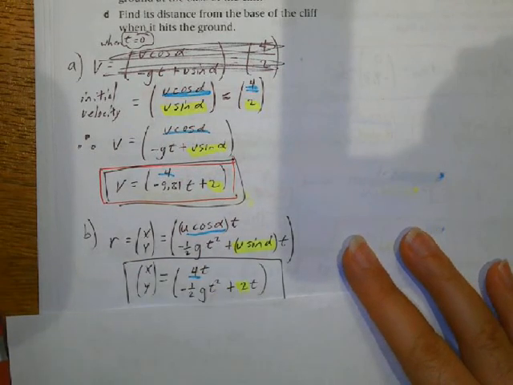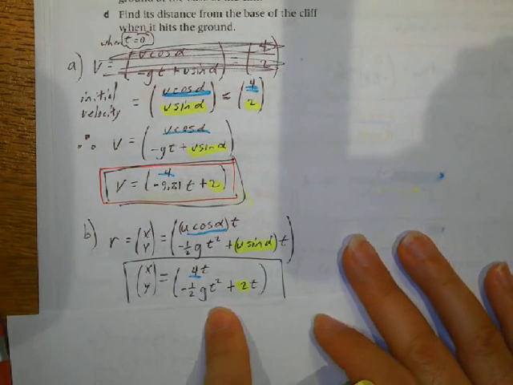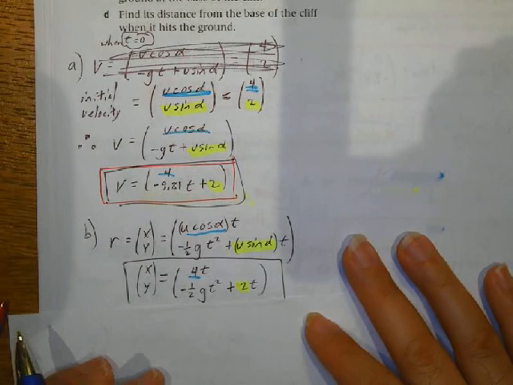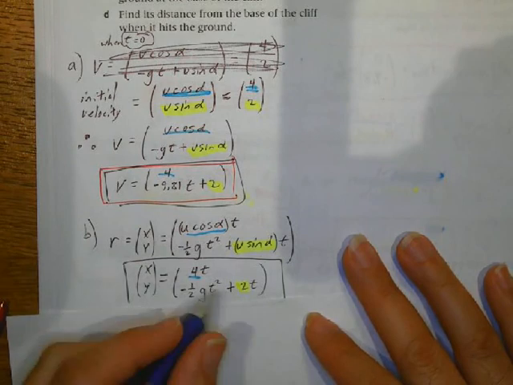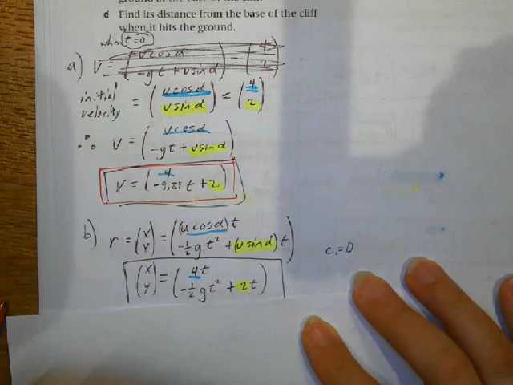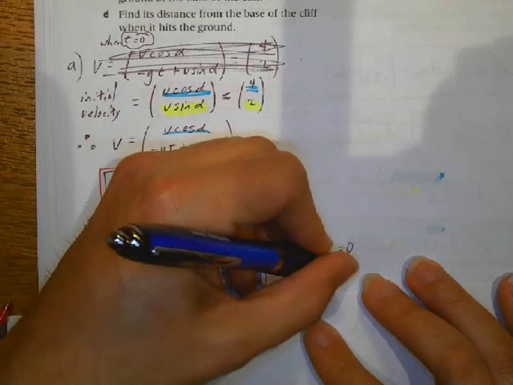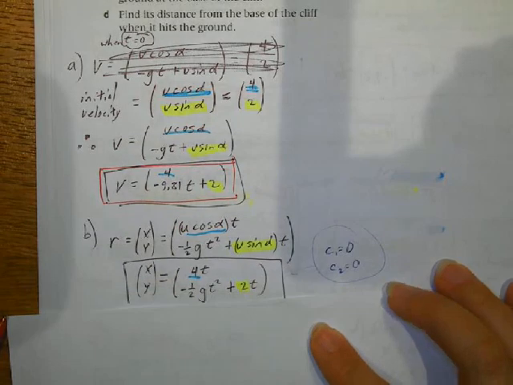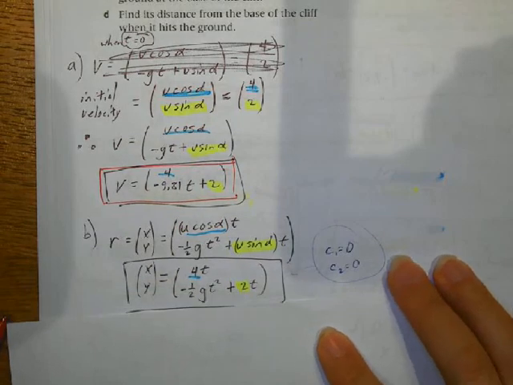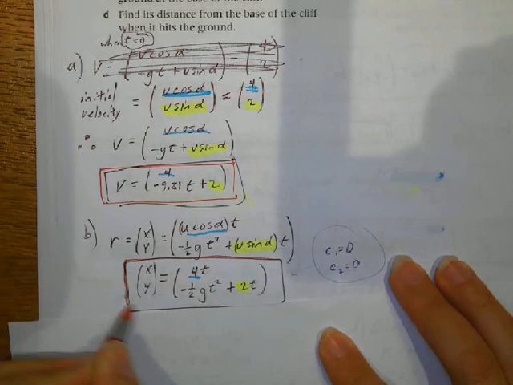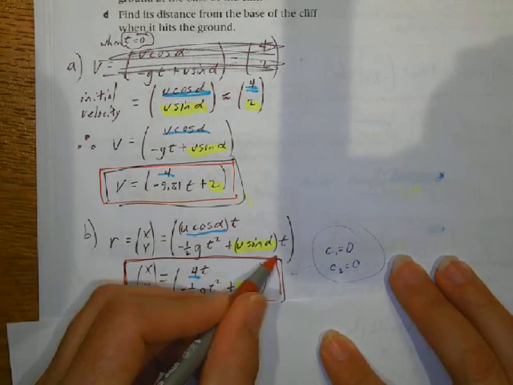And everything else stays the same. And since it's starting from the origin, C1 is equal to 0 and C2 is equal to 0. So we don't have to worry about a C1 or C2. So this is our displacement vector equation.